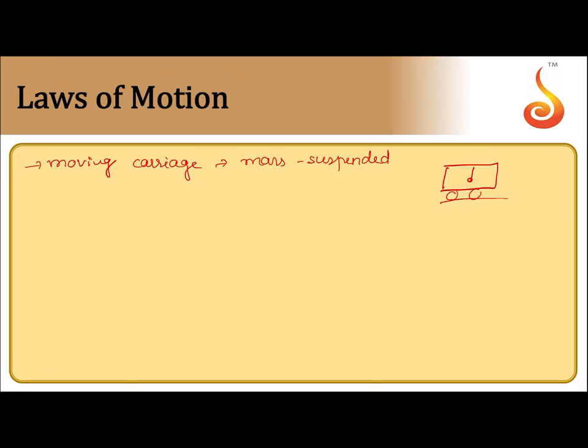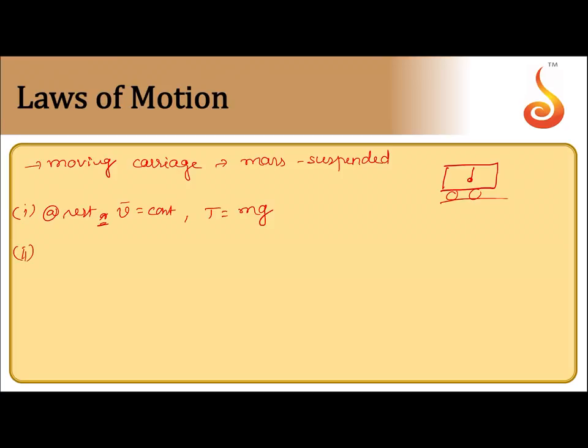Now if this carriage is at rest, case number 1, it is at rest or moves at constant velocity, then the tension is equal to mg. The tension in the string is equal to mg.